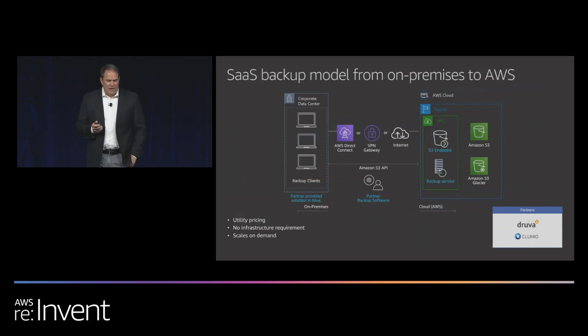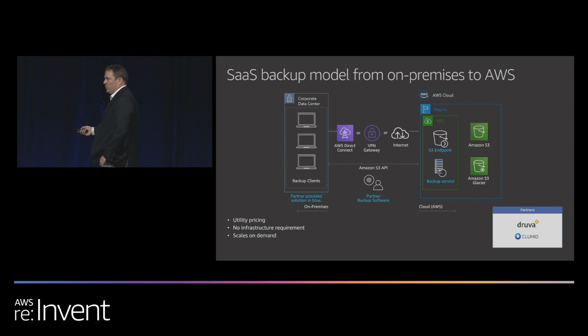All right, so the next model I want to talk about is SaaS backup from on-premises to AWS. In this model, you're taking away the complexity of running the backup infrastructure in your on-premises data center. In a SaaS model, the SaaS vendor creates the S3 bucket, does all the configuration of the back-end resources, provides all the connectivity, typically in the form of endpoint software that they use to transport the data to the cloud.